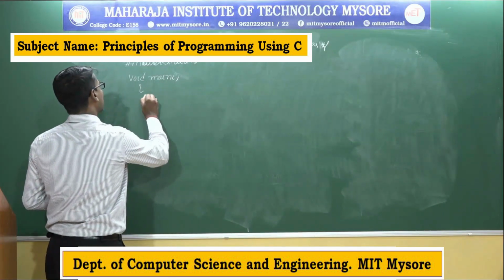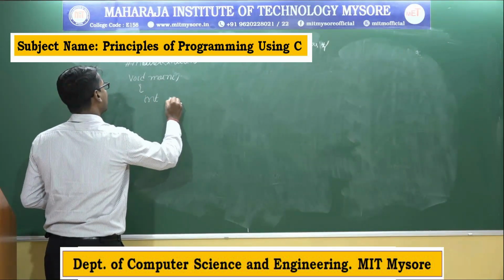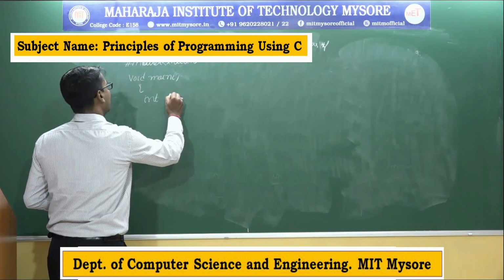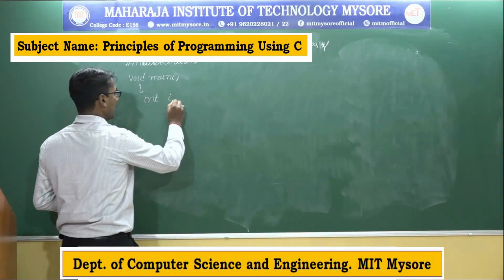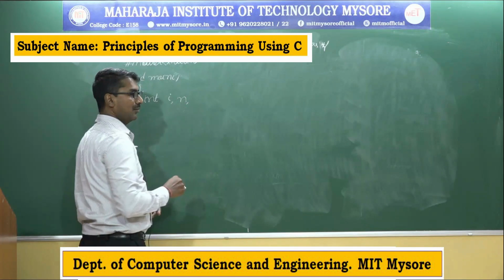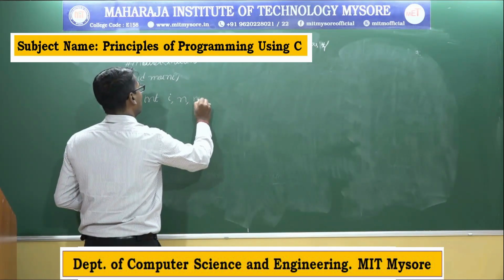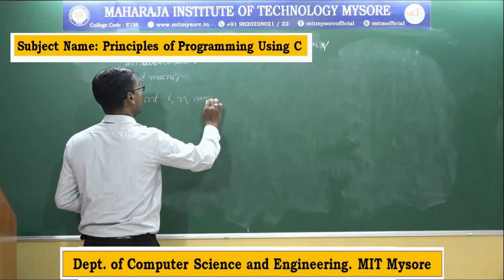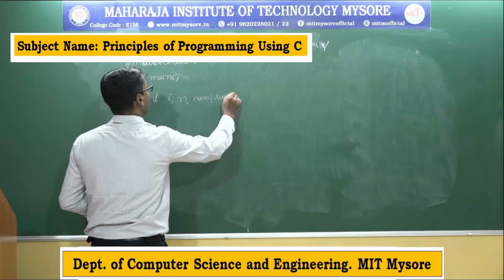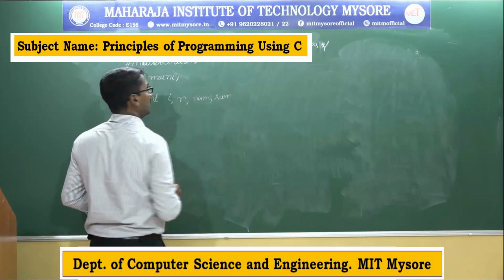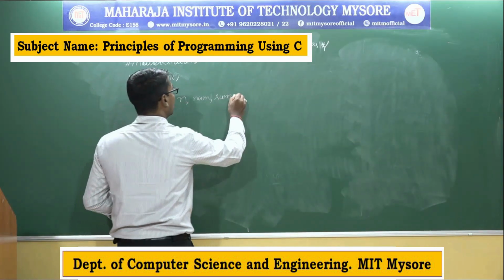For that purpose I declare int i, which is for controlling the loop, n for getting the number of input values, then num is the input element, sum is for finding the total.